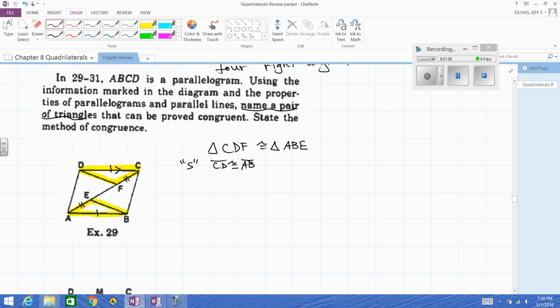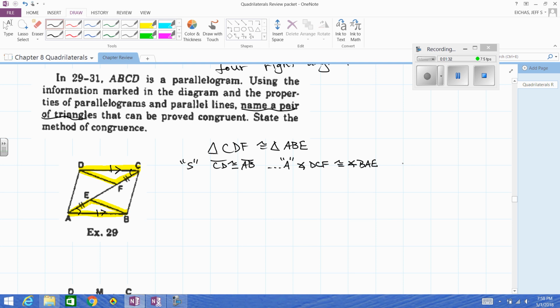Now, because these are parallel as well, we're going to get that those angles are congruent by the alternate interior angles theorem. So what we get is angle DCF congruent to angle BAE. Of course, that gets us a pair of angles.